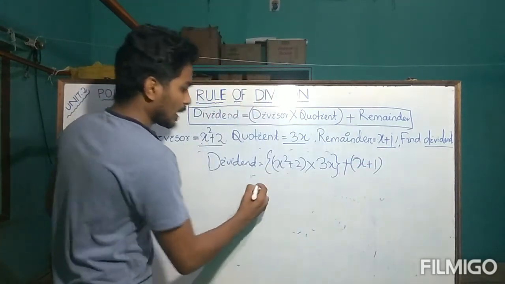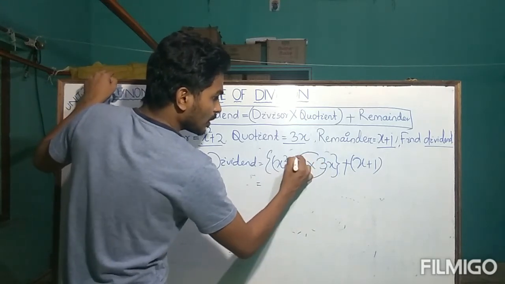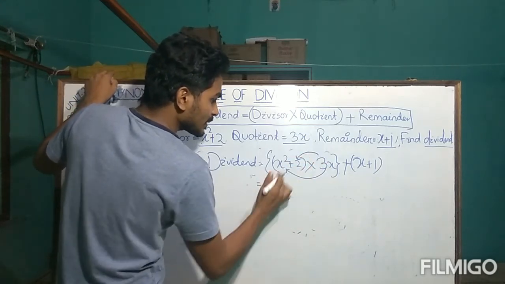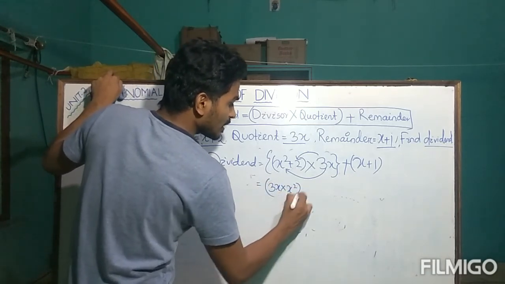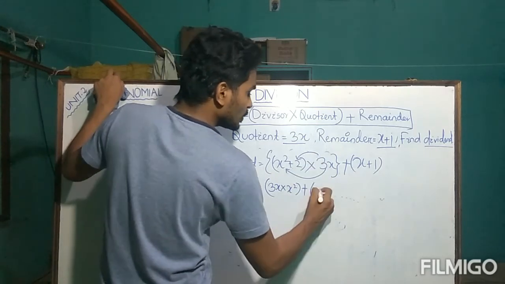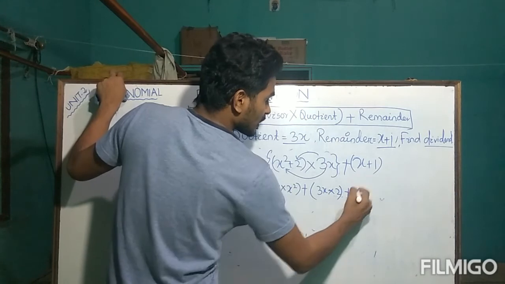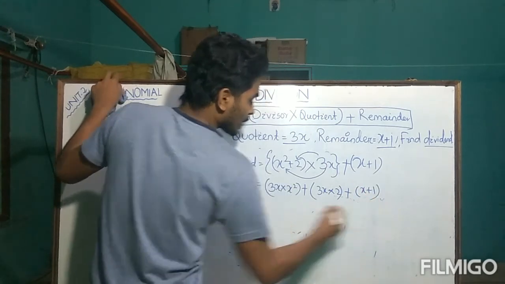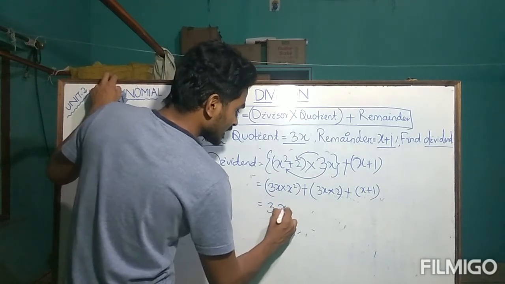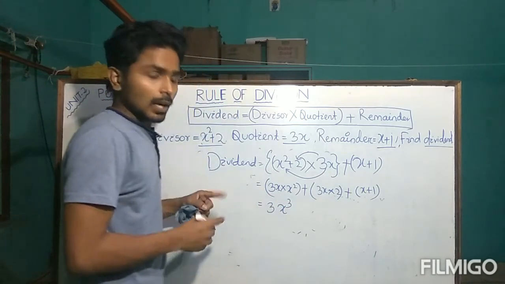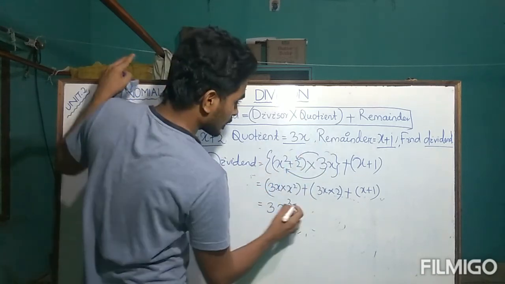Now multiply using the distributive law. 3x into x square plus 3x into 2, plus x plus 1. 3x into x square is 3x cube. Always remember that the same variable will be multiplied.